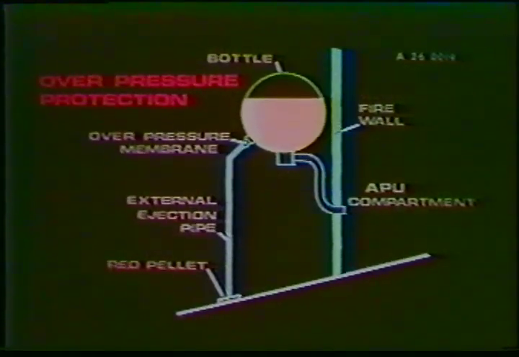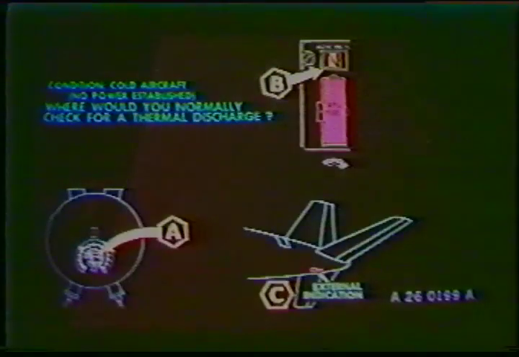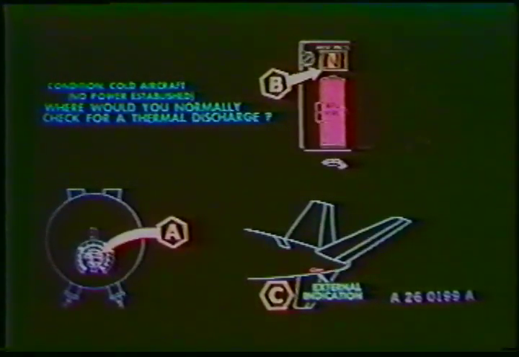You can see the discharge line in the external ejection pipe. And here is a photo of the red blowout disc, which is used to detect a thermal discharge. With a cold airplane, where would you check for a thermal discharge of the APU fire bottle?